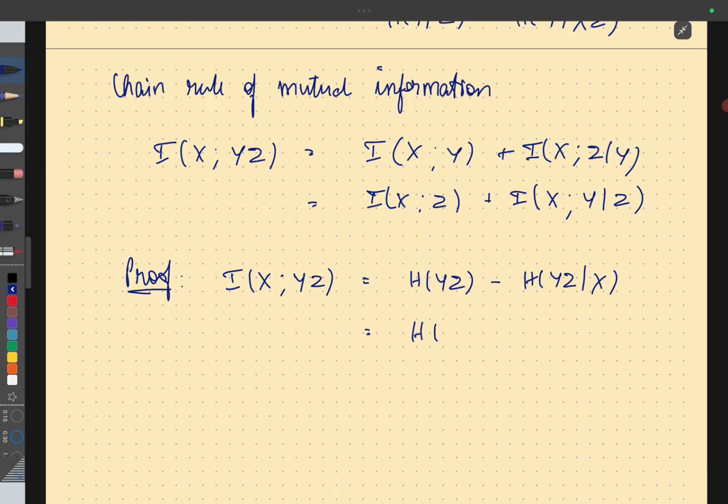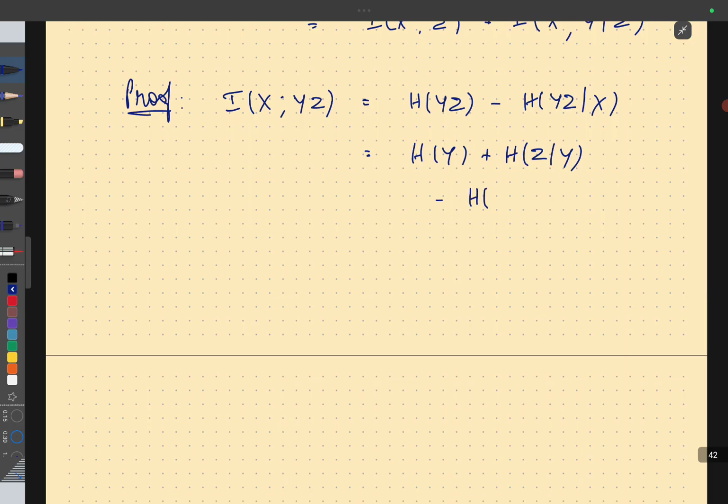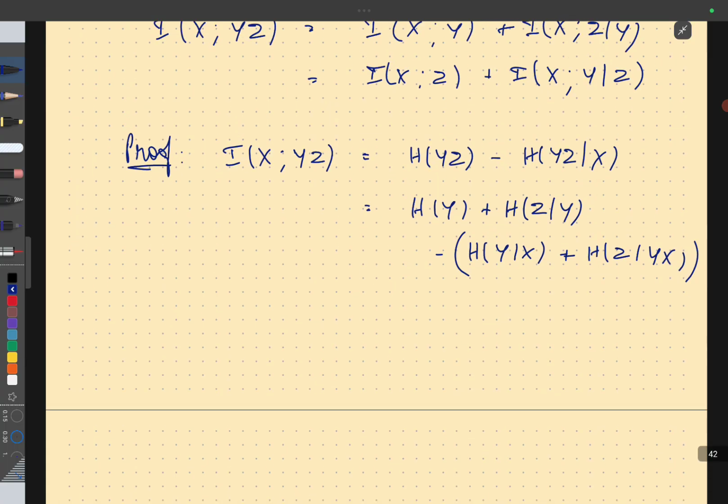Now this is equal to h of Y plus h of Z given Y by the chain rule of entropy, minus h of Y given X minus h of Z given Y and X. So I've applied the chain rule of entropy twice to each of those two quantities.